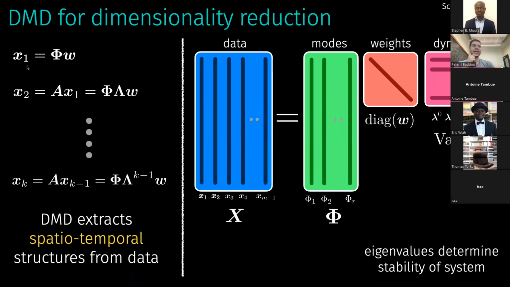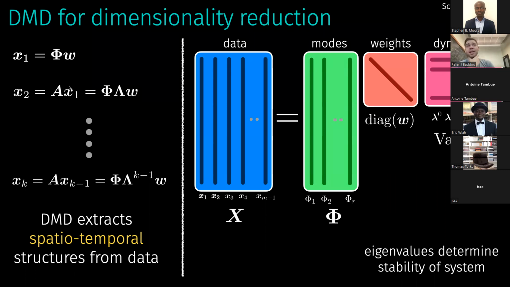So we take our first measurement and we represent it as a linear combination of those eigenvectors. We then take the second measurement, but we know that the second measurement is at least approximately A times the first measurement. So we solved this optimization problem where we found an A that approximately maps the xk onto the xk plus 1. So these two things should be close.